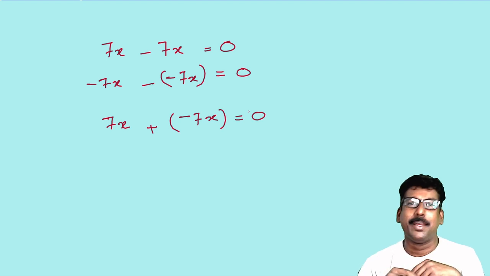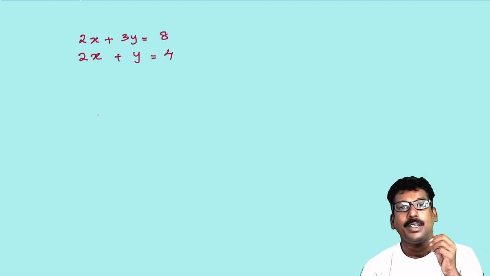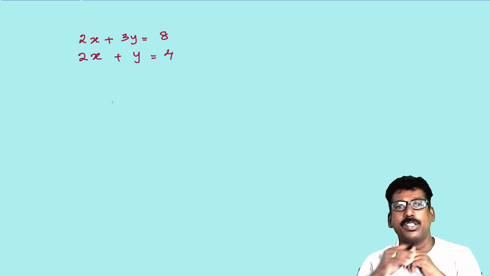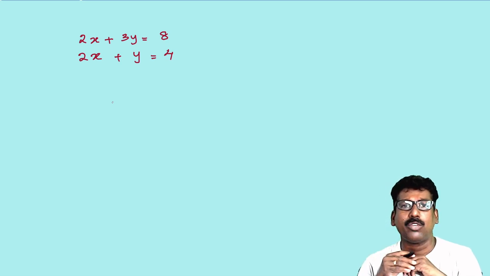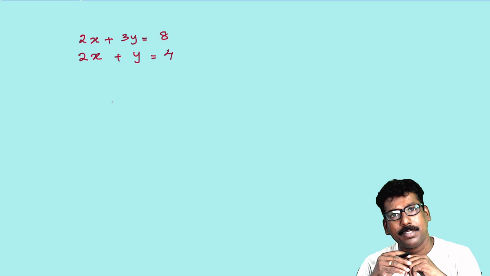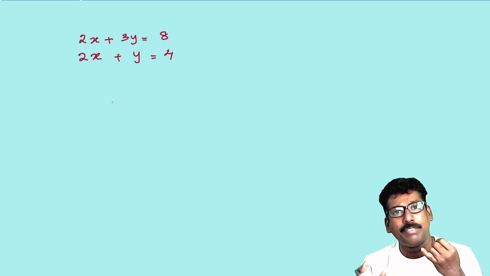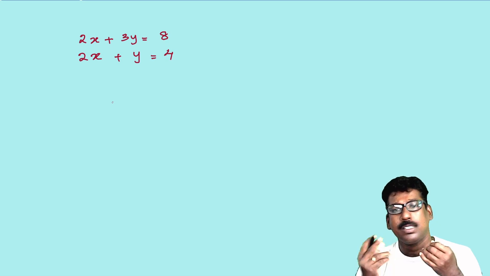Now let me take a pair of linear equations. Here the equations are 2x plus 3y is equal to 8 and 2x plus y is equal to 4. You have to find out the solution of this pair of linear equations in two variables. You already learned that by graphical method you can find it out, or substitution method.